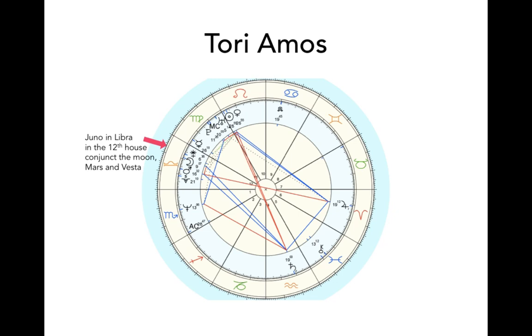Which again, especially having Vesta there, can be talking about the access that she has to her own creativity and the ways in which she merges with it, is in great relationship to it, that Juno is dedicated to it, that Vesta.